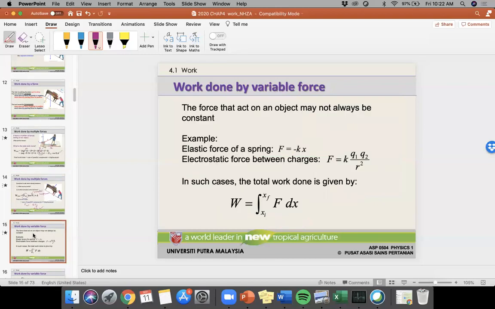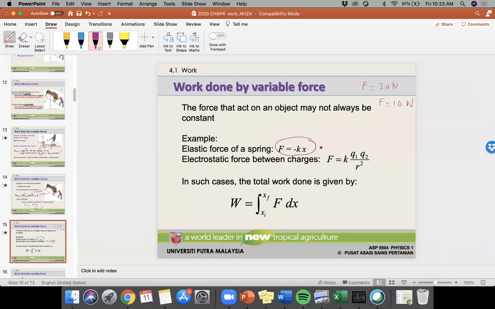Okay, so the force on an object may not always be constant. Previously we talked about F equals 20 Newton, F equals 10 Newton. It doesn't change with time. We were applying constant force. Now, what happens when the force is varying? An example is the elastic force of a spring. Why is it varying? It looks constant to me.